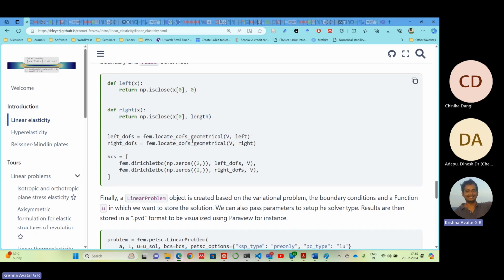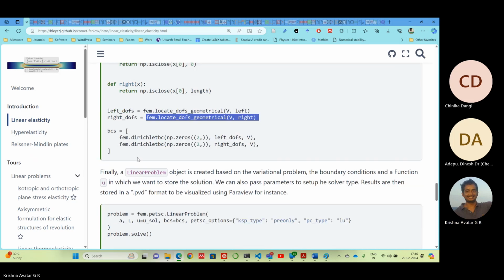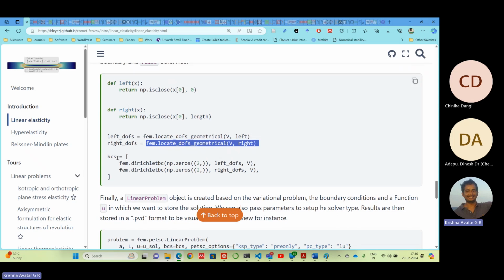What it will do is pass all the spatial coordinates in that domain through the left function, and for every node it will give us true or false. If it happens to be on the left, it will get true, and then this function will only collect the nodal degrees of freedom for those nodes. And likewise for right nodes, we do the same. And now we are prescribing boundary conditions for right and left DOFs.